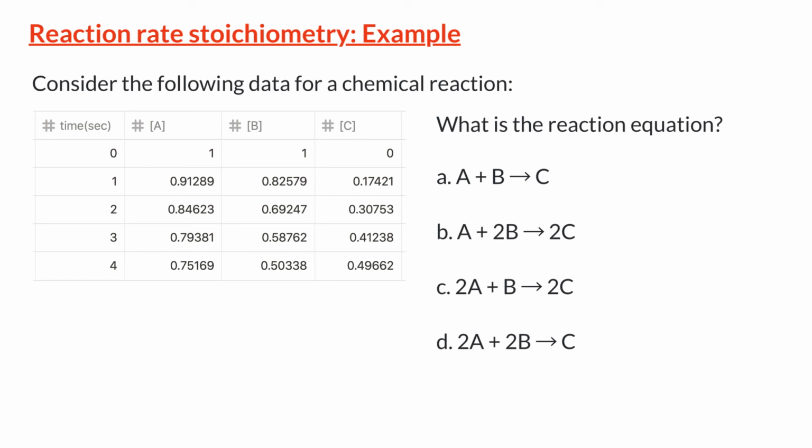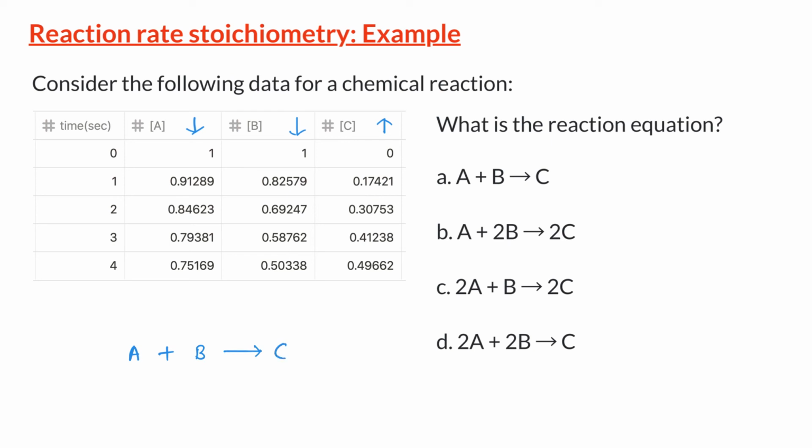First, if we look at the data, we can say that the concentration of A and B is decreasing over time and the concentration of C is increasing. Therefore, we can say that A and B are the reactants and C is the product of the reaction.